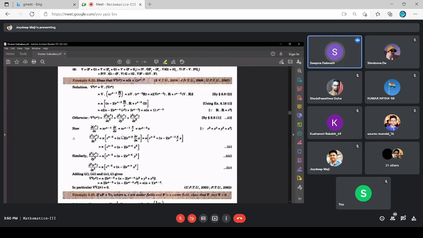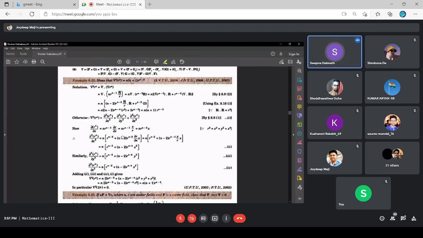Del operated on a scalar quantity is a vector quantity. Therefore, i of del x, that means n r to the power n minus 1, and capital R by R, that gives the direction, that is a unit vector, say i or j or k. Therefore, del dot of this is equal to this, and they have calculated this.